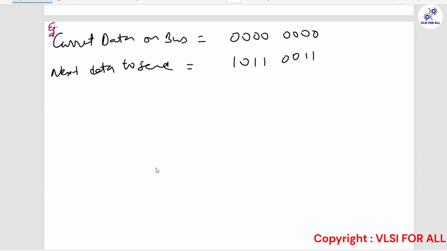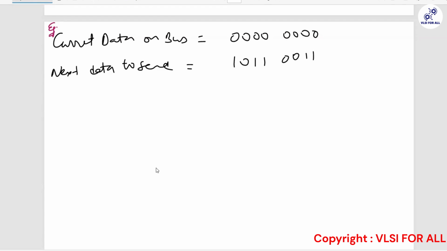If we directly transmit this 10110011, how many transitions are there? 0 to 1, 0 to 1, 0 to 1, 0 to 1, and one more, so 1, 2, 3, 4, 5. Five transitions are there, right?